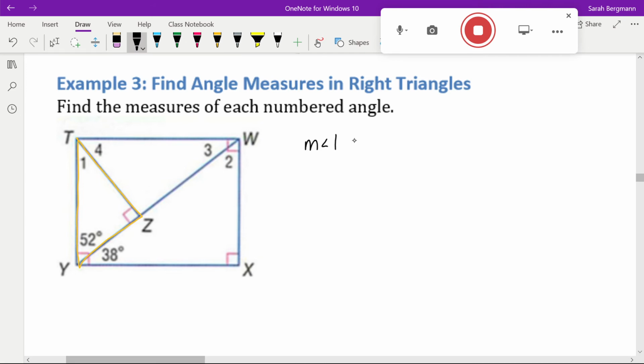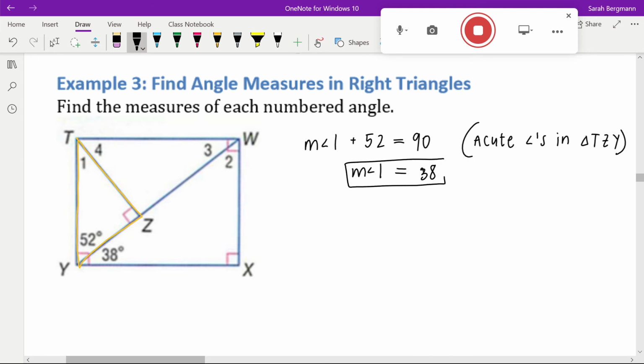So I know the measure of angle 1 plus 52 has to equal 90, because those are the acute angles in triangle TZY. So I know the measure of angle 1 must be 38. Again, I'm just writing down the reason, so that when I go back, I know where this equation came from.